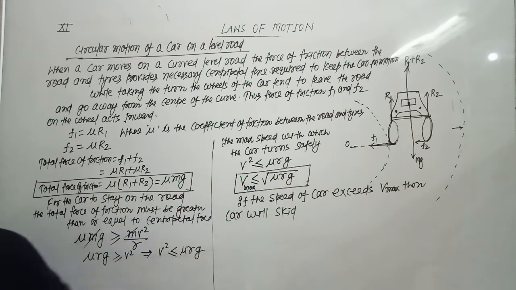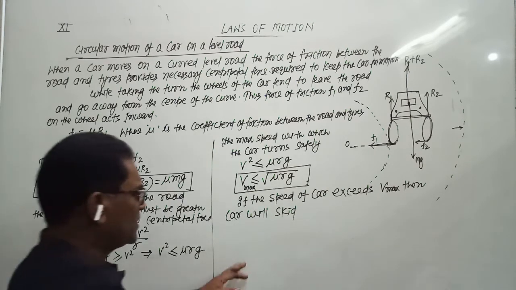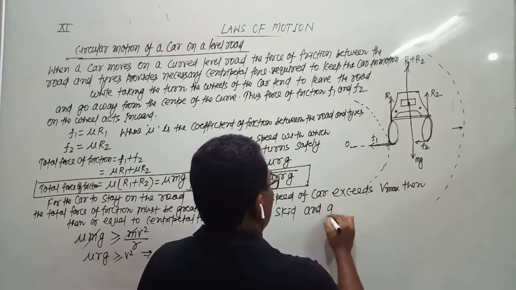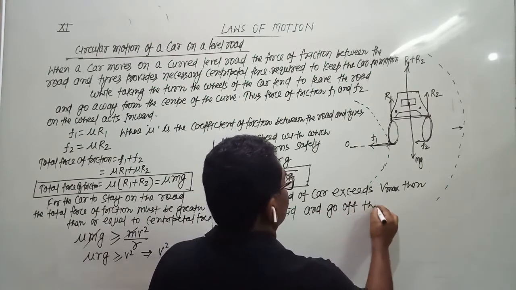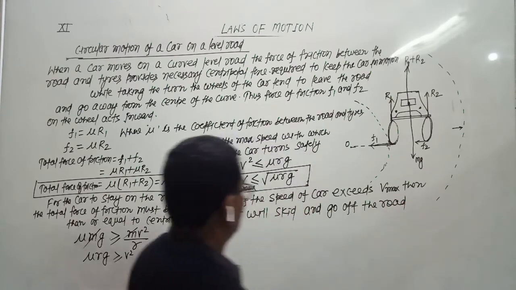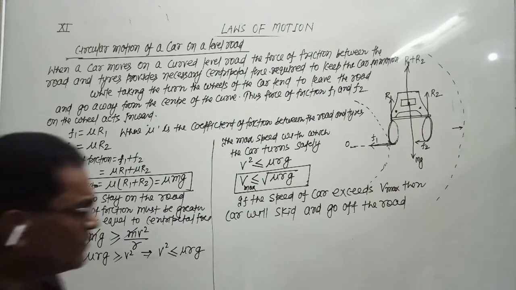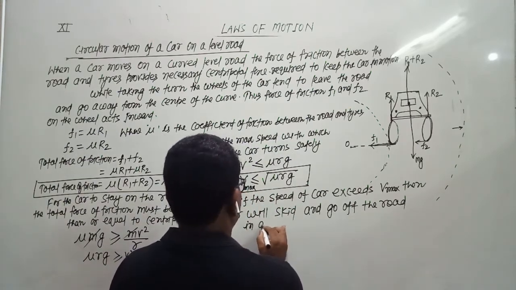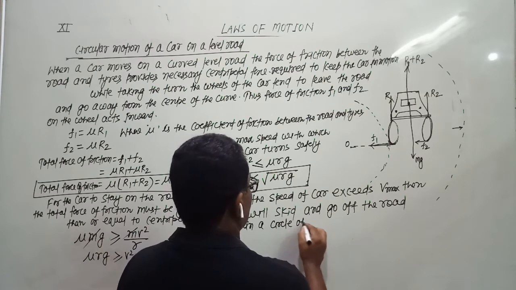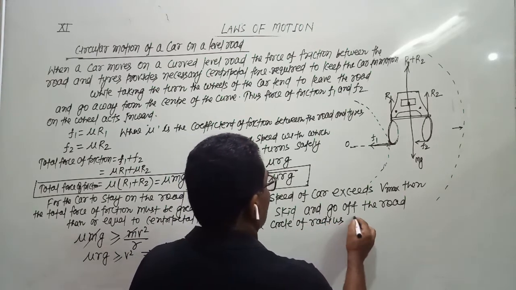If the speed of the car becomes more than the maximum speed, then the car will skid and go off the road, in a circle of radius greater than r.